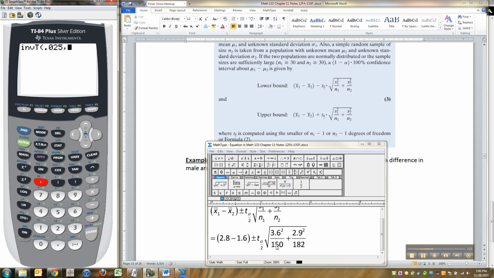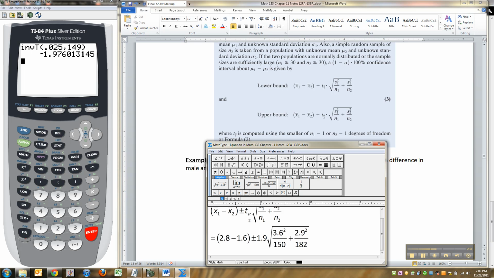So that would be n1 minus 1, 150 minus 1, so 149. That's not quite right, I know that, but the real formula for finding degrees of freedom is kind of complicated and we don't really need it. So enter. So let me just put that in, 1.976. Close enough.